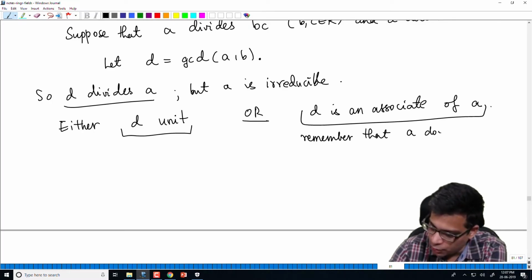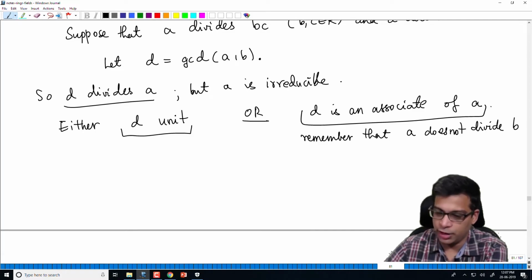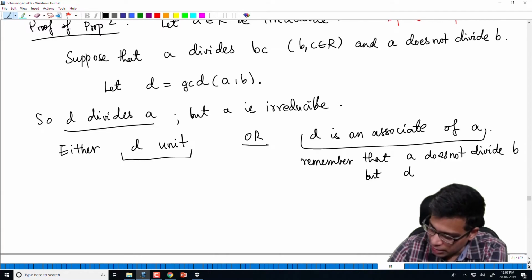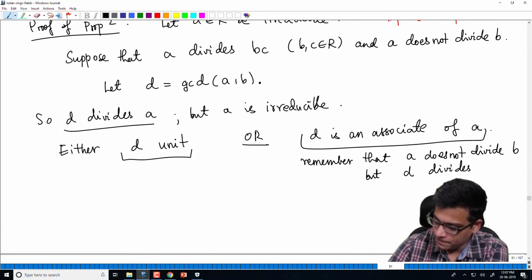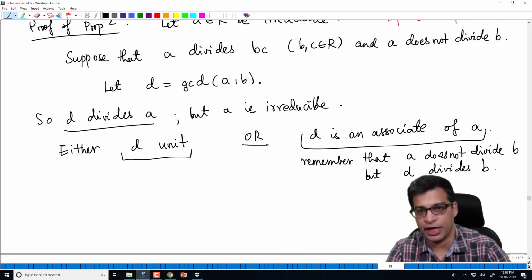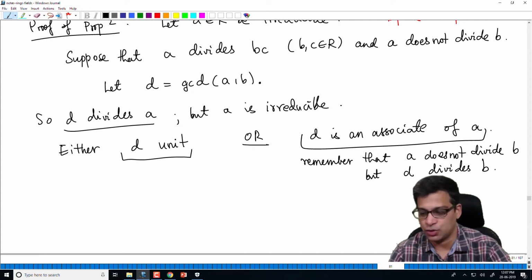A does not divide B. I am assuming that A does not divide B, but D divides B. So D divides B because D is a GCD of A and B, so definitely D divides B. So now D divides B, A does not divide B. So A and D cannot be associates. Remember, what is the meaning of associates?